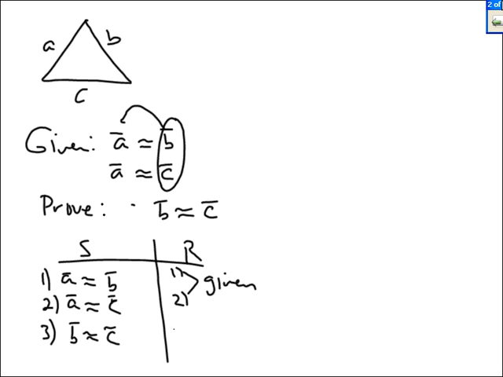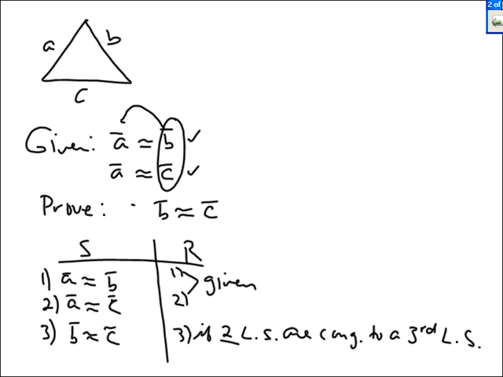For number 3, if two line segments are congruent to a third line segment, so B and C are the two line segments that are congruent to a third line segment.